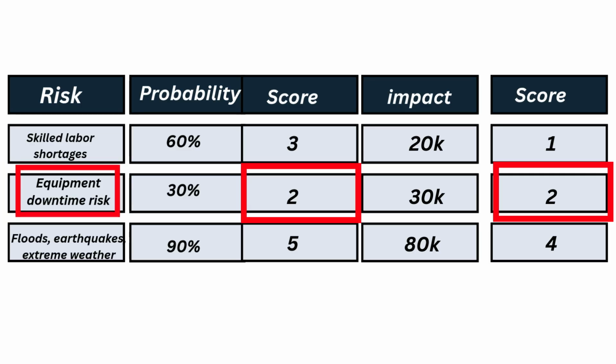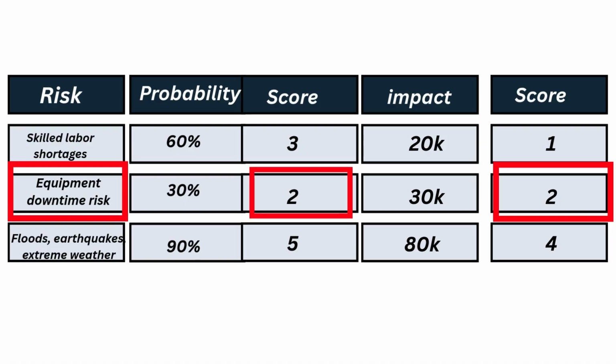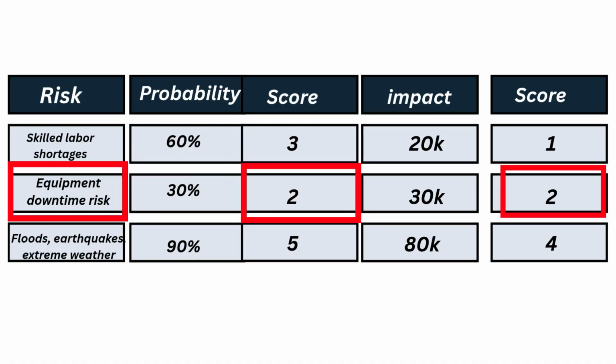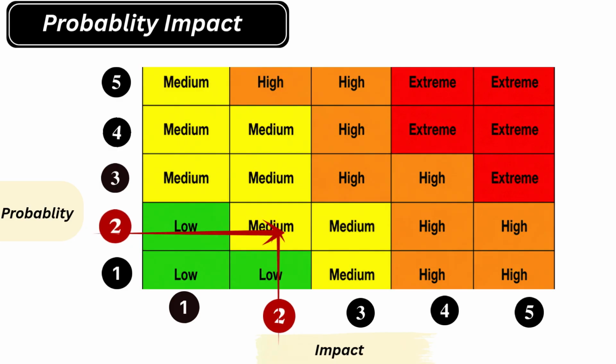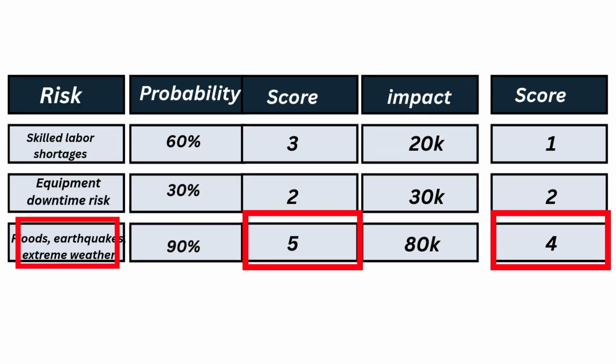Now let's move on to the next risk, equipment downtime. For that, the probability score is 2 and the impact score is also 2. Let's use the probability impact matrix again. For probability we count 1, 2, and for impact also 1, 2. These two lines join at medium, so this makes this risk again a medium risk.